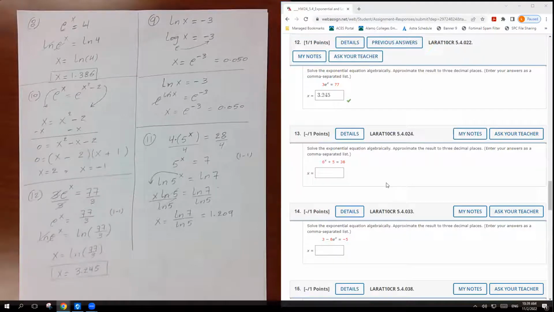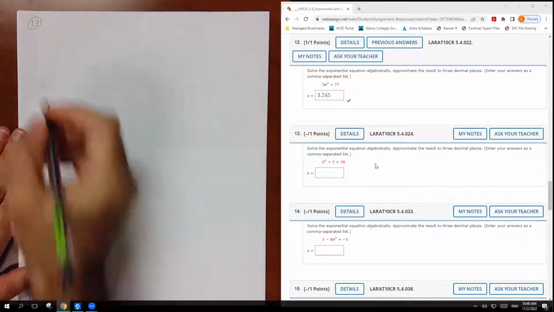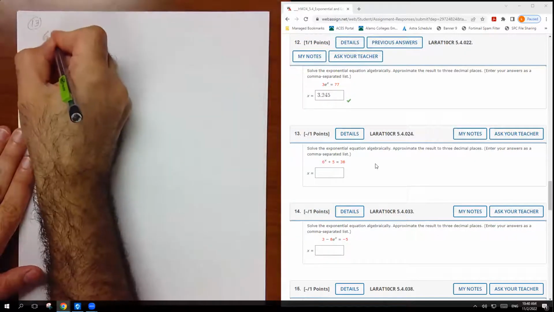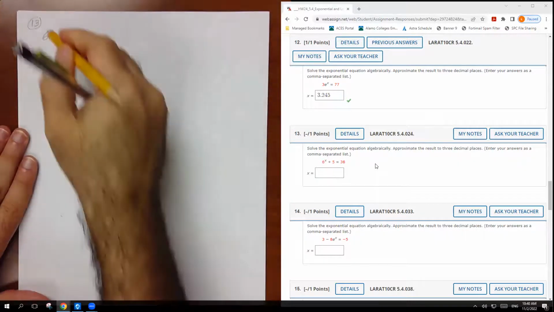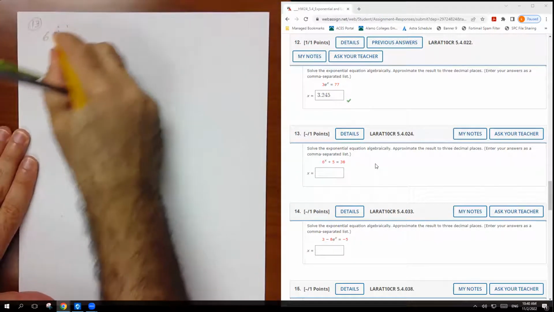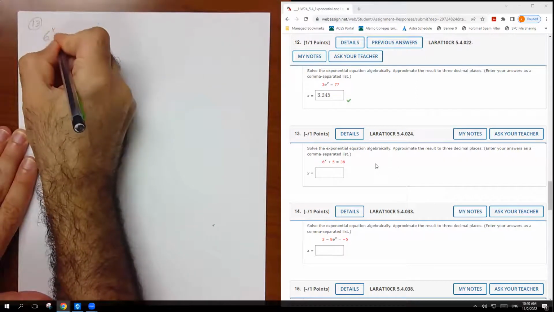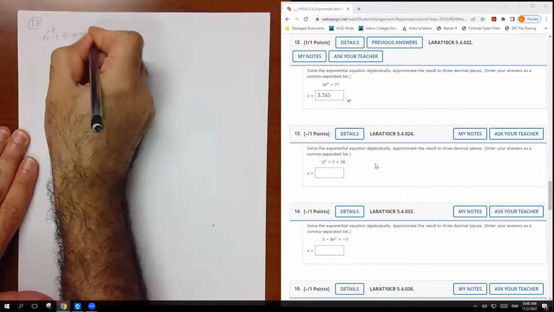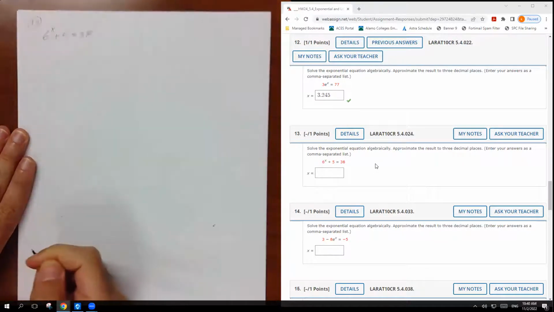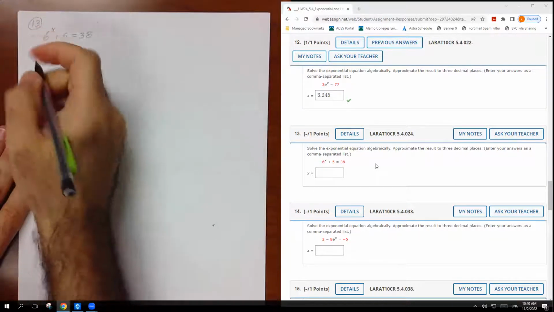Let's check example 13. 6 to the power x plus 5 equals 38. Now, next step, I need to keep this number by itself because I need to solve it for x.